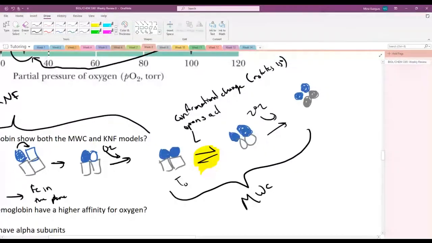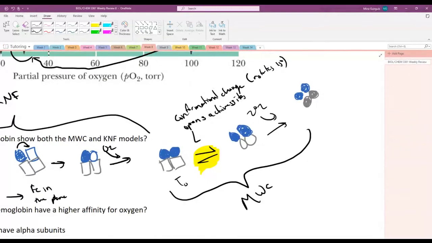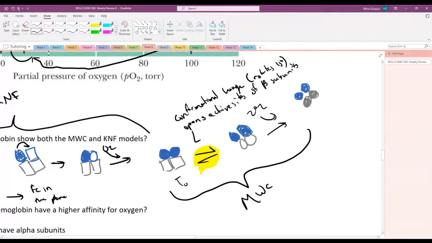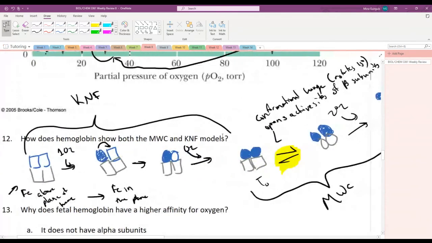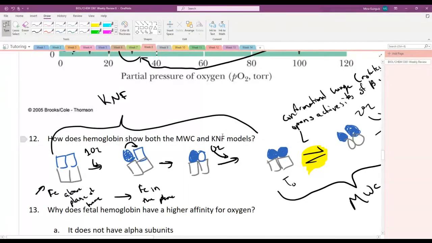It opens the active sites of the beta subunits. And when that happens, oxygen can bind to either of them. Both end up having a high affinity for oxygen. I know that's not the easiest thing in the world, and there's a lot going on with that. So I'm going to pause for a moment, go back over it one more time, and then we're going to move on, okay?